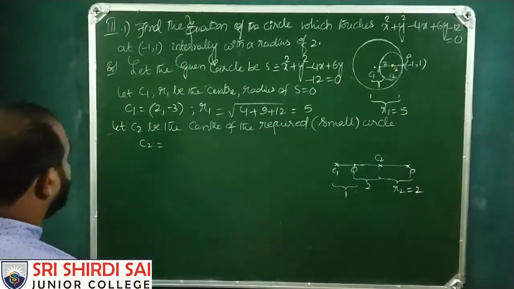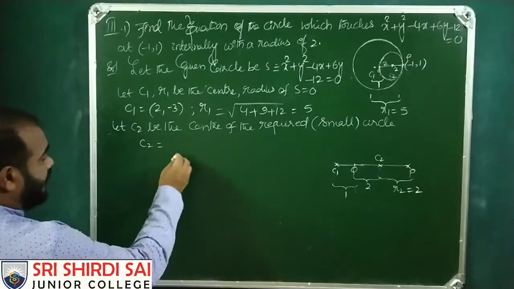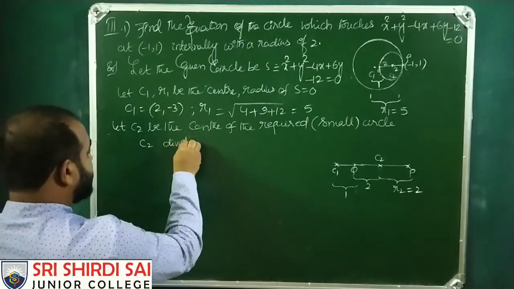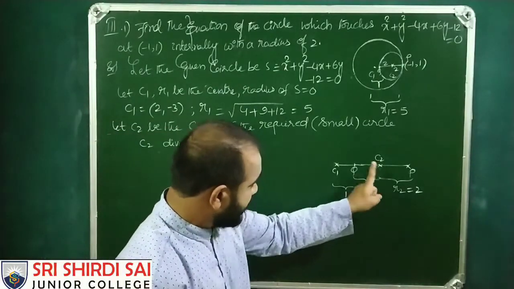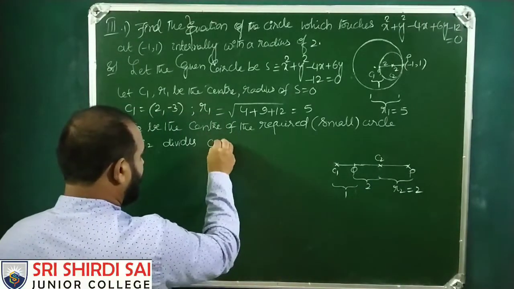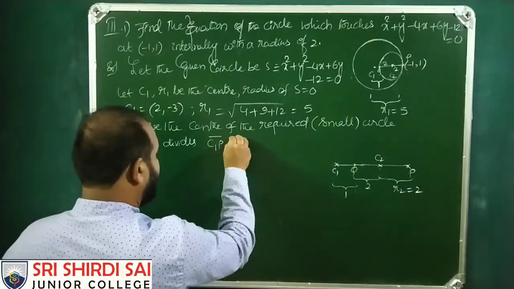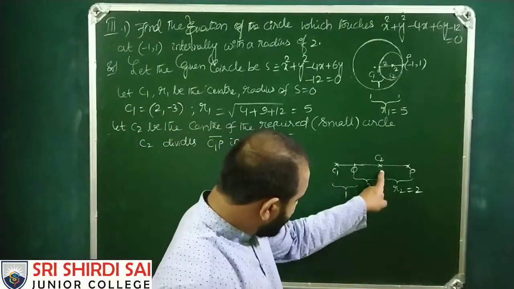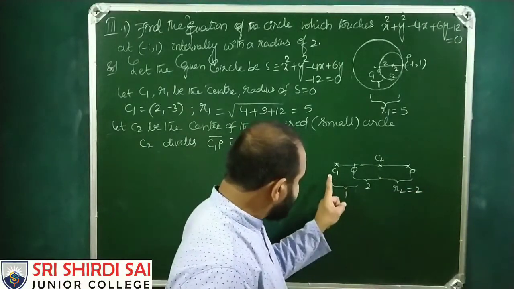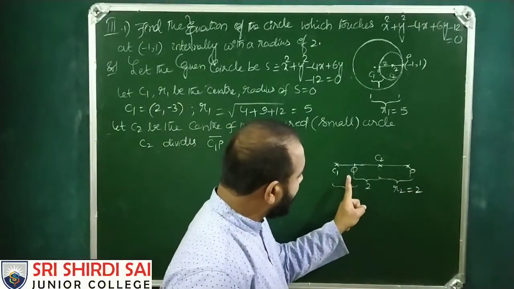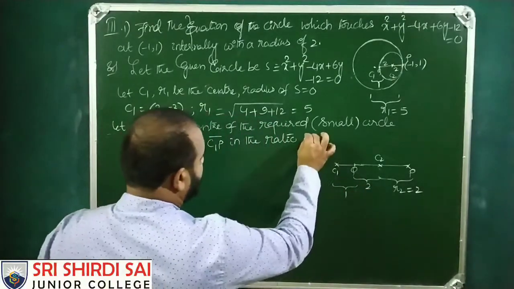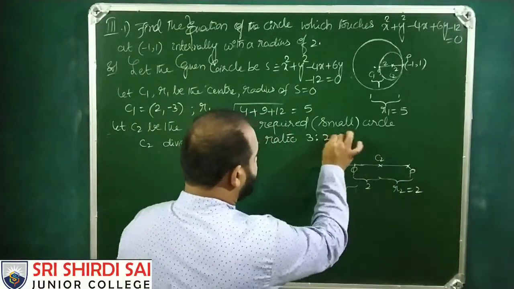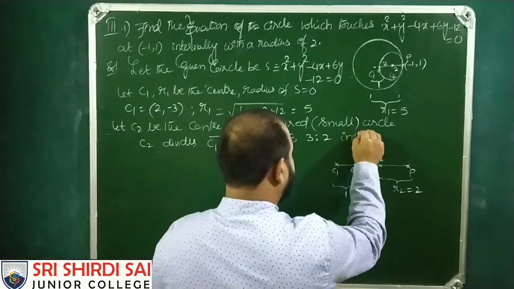Here C2 divides C1P in the ratio. C1P is C1Q plus QC2, that is 1 plus 2, 3, and C2P is 2. So C2 divides C1P in the ratio 3 to 2 internally.